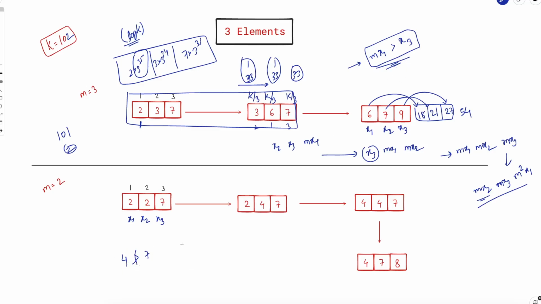So what will you do at this state? You will multiply x1 by m, right? So you will simply multiply this x1 by m, and this will become 2, 4, and 7. Now this will be your new x1, this will be your new x2, and your x3 remains same.